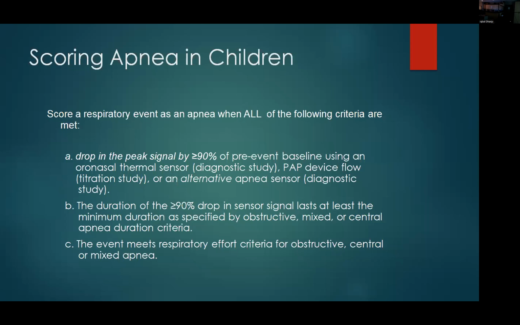Or an alternative apnea sensor in a diagnostic study. The duration of the greater than 90% reduction of the signal lasts at least the minimum duration as specified by obstructive, mixed or central apnea duration criteria. The event meets respiratory effort criteria for obstructive, central or mixed apnea, then you score an apnea in children.